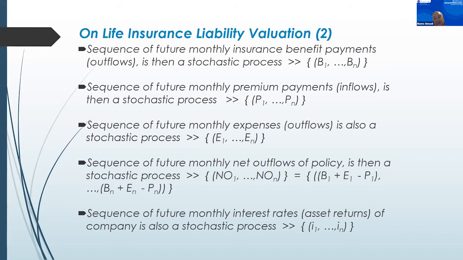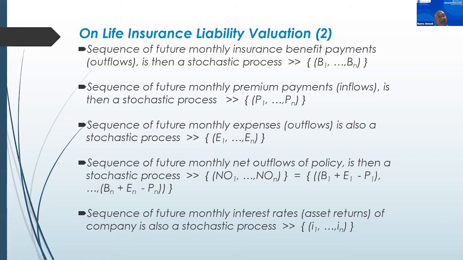Insurance benefit payment is basically an outflow, premium payment is an inflow, expense is an outflow. So if you combine the three, benefits plus expense minus premium, you get a sequence of random variables. So you're dealing with a stochastic process again.